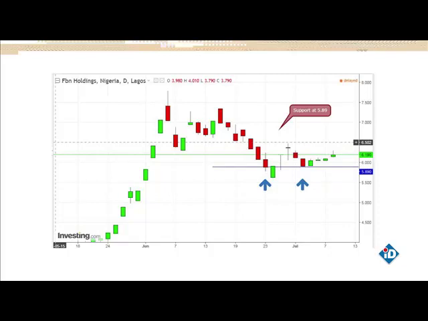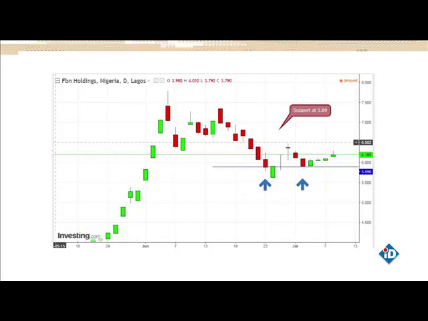Watch it. This is the support line. And then price went this way, almost touching it here, and then here it broke through it. Now I advised you to buy where? At such levels, support levels. So we broke through it here.